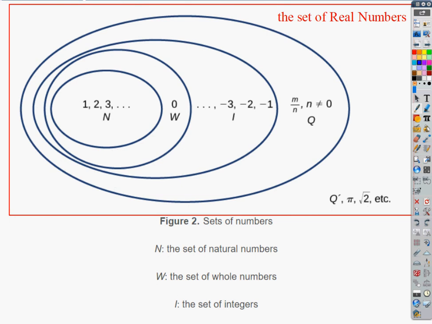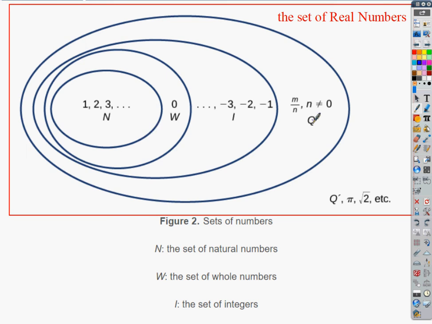This is the one that includes everything except the negative integers, and that would be the whole numbers, W. And then inside that, we've got only the positive integers, which is the set of natural numbers. Right, so we call this a nested arrangement of sets. These are nested subsets. The smallest one sits inside the next biggest one, which is inside the next biggest one, which is inside the next biggest one, and they're all inside of the box of real numbers.